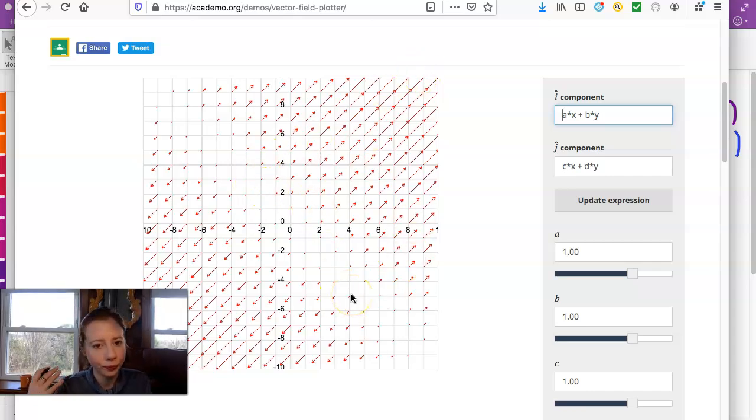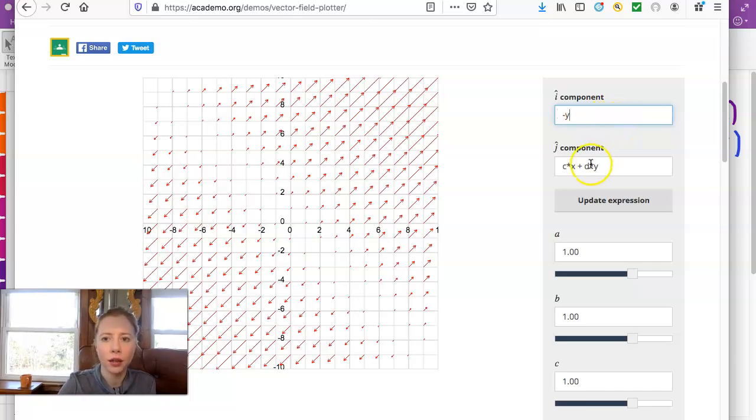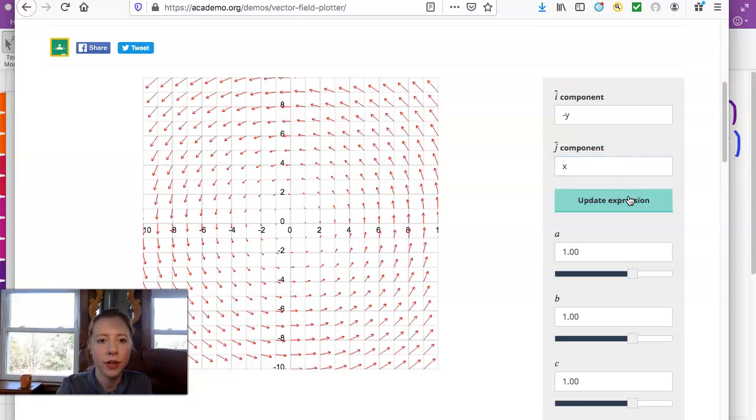And so that's what this vector field looks like. But I want to show you a couple others. Let's look at if our i hat component was minus y and our j hat component was x. So this is what we plotted together.